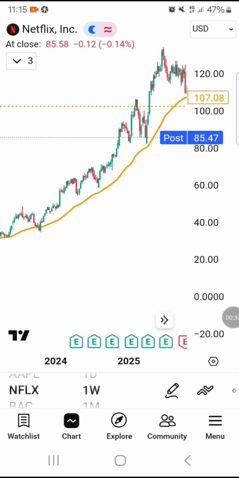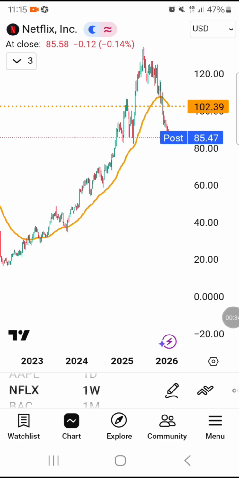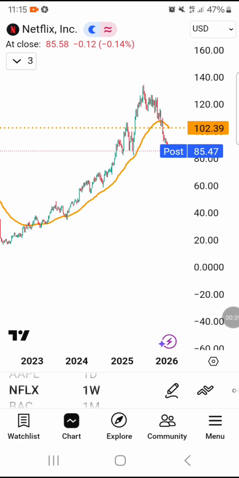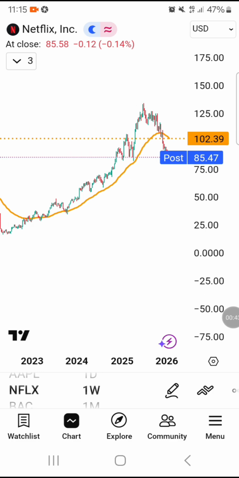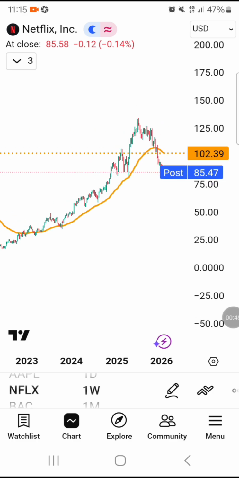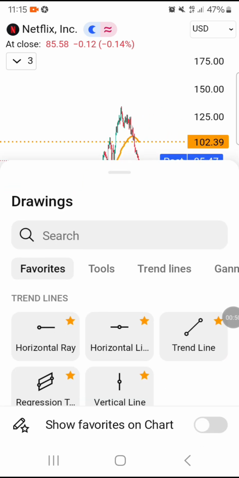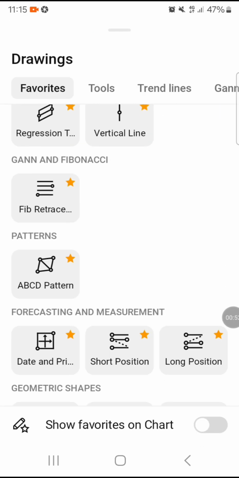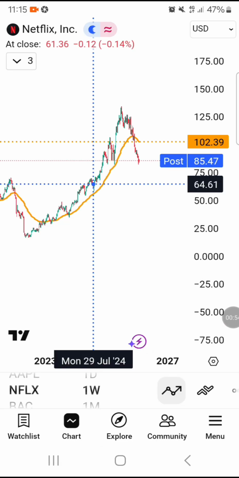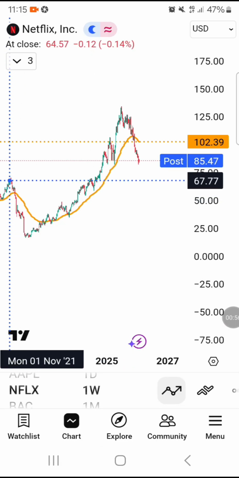So looking at this market now, let's say I'm using the weekly time frame to explain how to analyze the market. If you look at this weekly time frame, we see that this is where the market changed trend line.